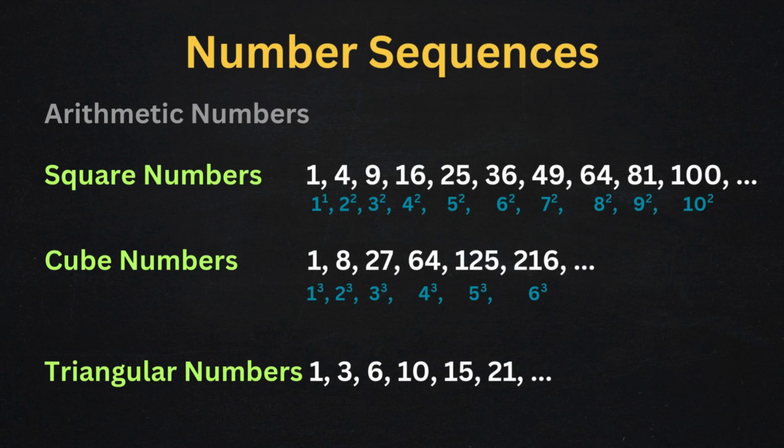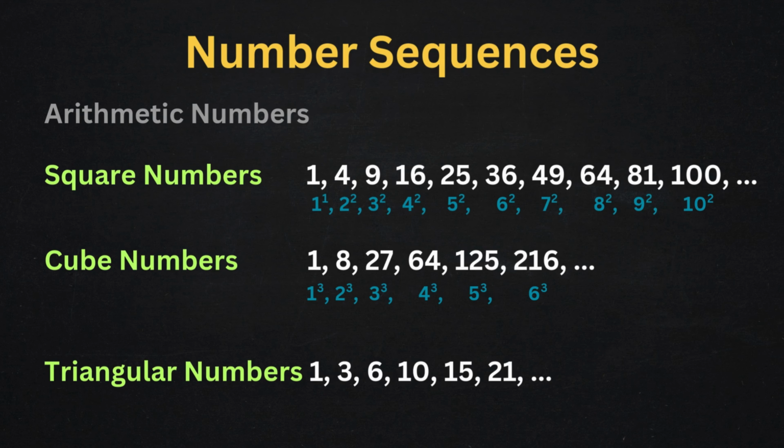Now, it may be confusing to understand the 3 sequences now, but in just a couple of minutes you'll find it easy. And this is the core concept of the entire chapter. Once we're done with this, the rest will be simple. Okay, you need to memorize these 3 types of numbers: square numbers, cube numbers, and triangular numbers.